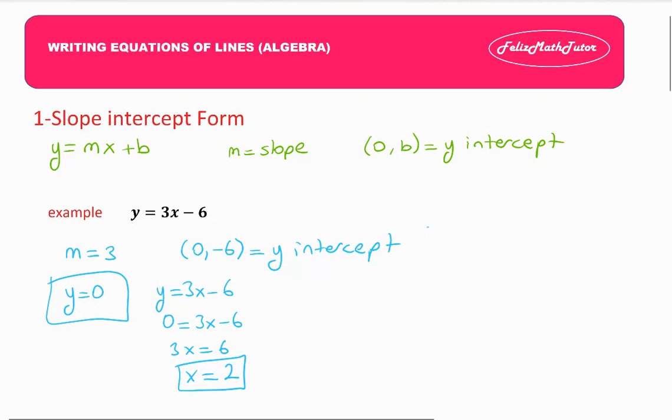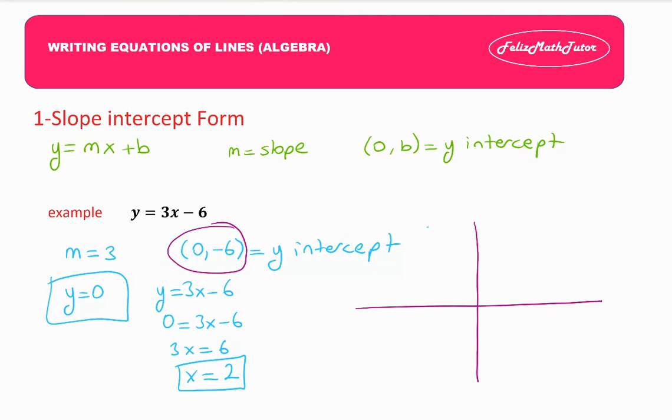Let's say I have something like that. So my (0, negative 6) point is, let's say, negative 6 here. So this is my negative 6, the (0, negative 6) point. Let me write it like that. And then the other point is here, the (2, 0) point.